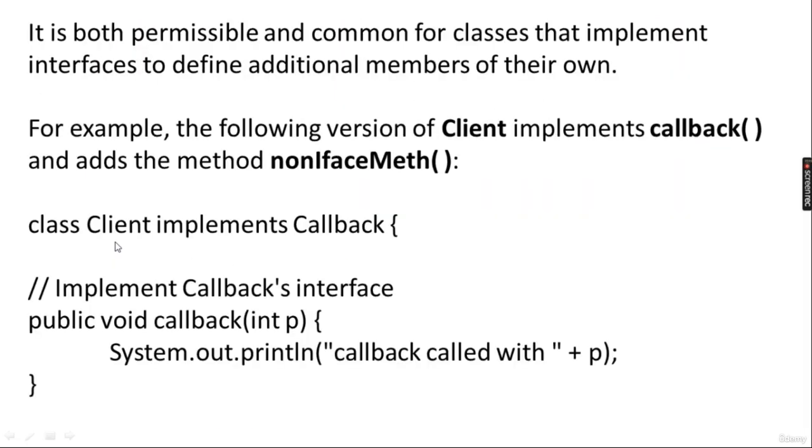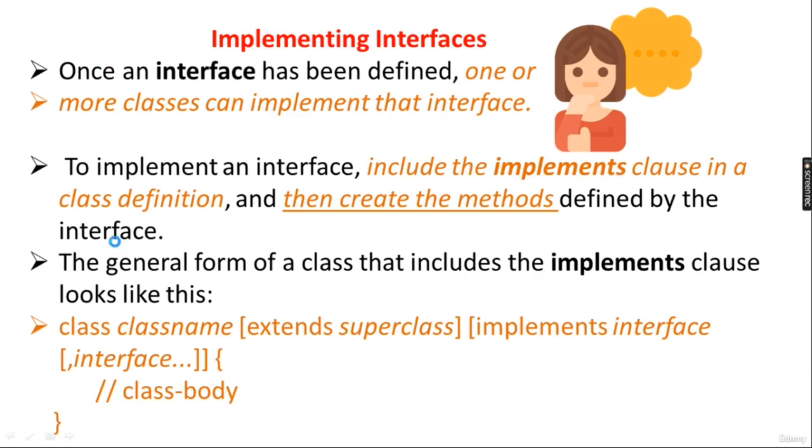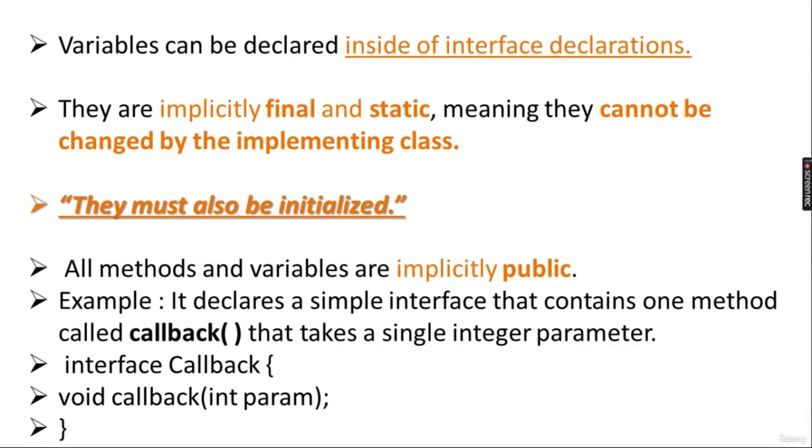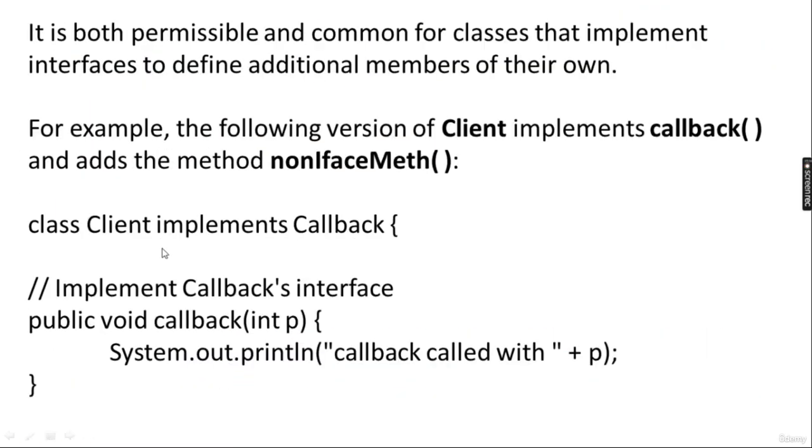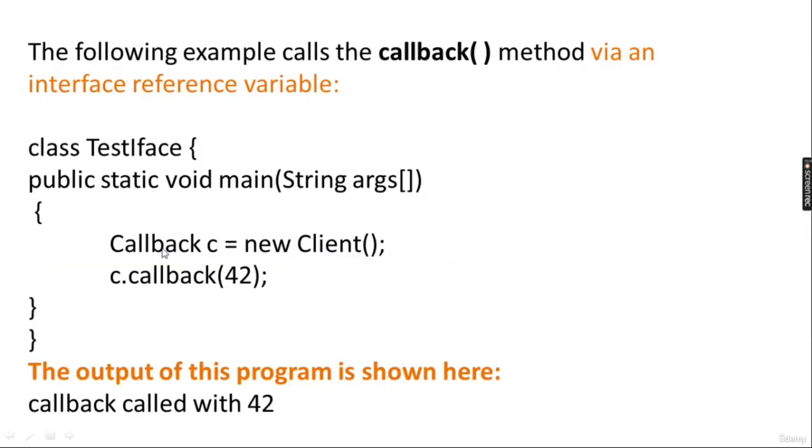This is class Client and this was the interface we have created, callback. So the reference variable is created like this, and c.callback(42) will call the callback method from the Client class.